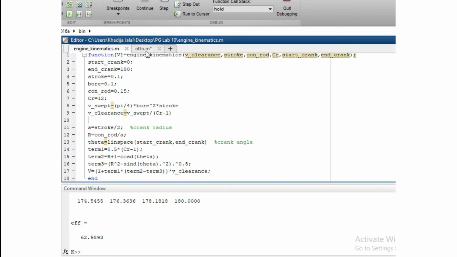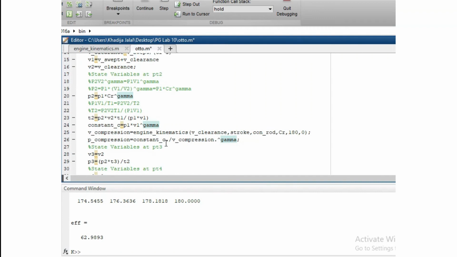Now again coming towards our code, this engine kinematics is already found. Now what we have to find is the compression volume and the compression pressure. During the compression phase, you already know that this phase occurs from 180 to 0 degrees. V compression can be found by using the engine kinematics, V clearance, stroke, connecting rod length, compression ratio and 180 to 0 degrees.